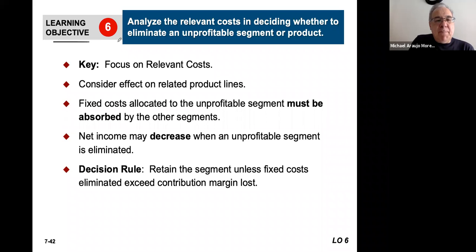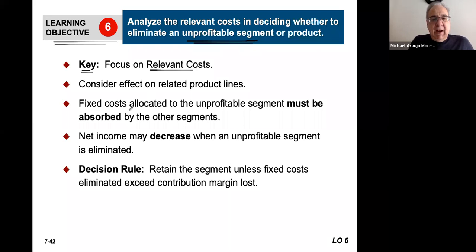Okay. So we're going to wrap up chapter 7 with this learning objective, which is using incremental analysis to help management decide whether they should keep or eliminate an unprofitable product or an unprofitable part of their business. Again, the key to the decision making is what the relevant costs are.